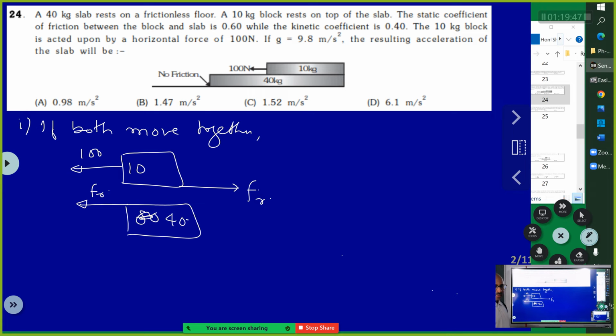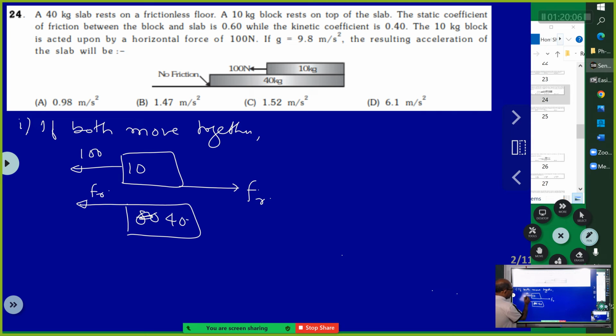That means both must be accelerating the same. So this force must be getting distributed between the two, in the ratio 10:40.